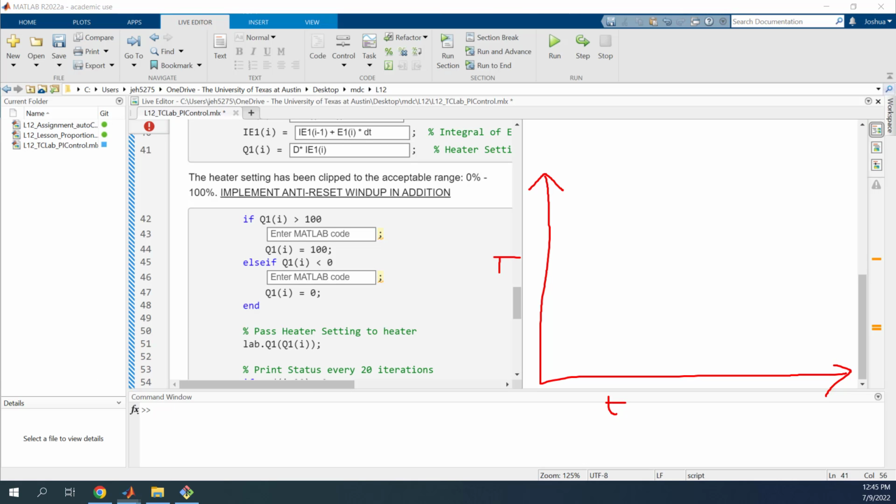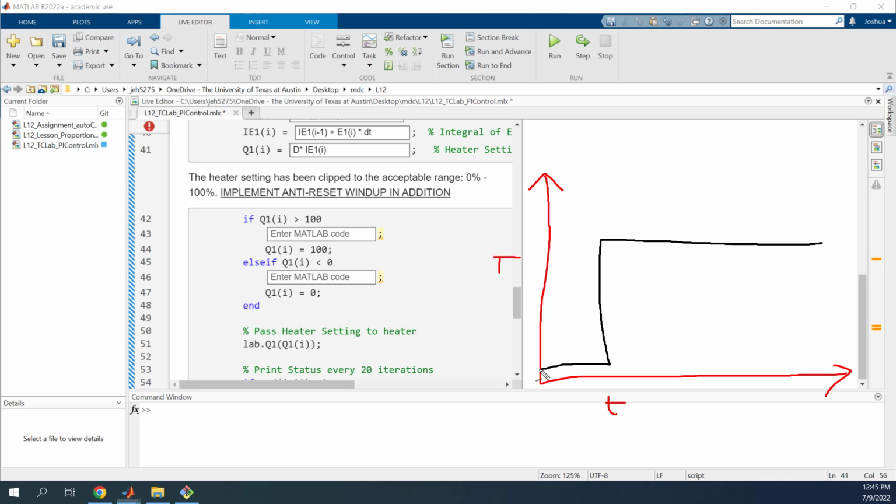I'll go ahead, we'll switch ink colors for fun. Let's do black. So if black is our set point, let's say it starts here, we have a step change, it goes up to here.